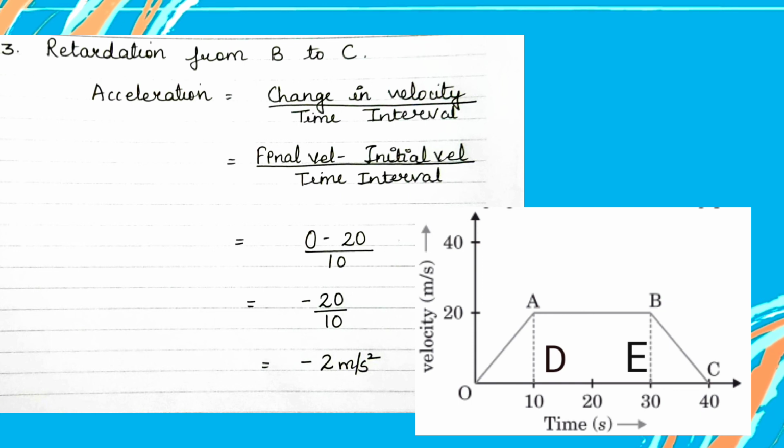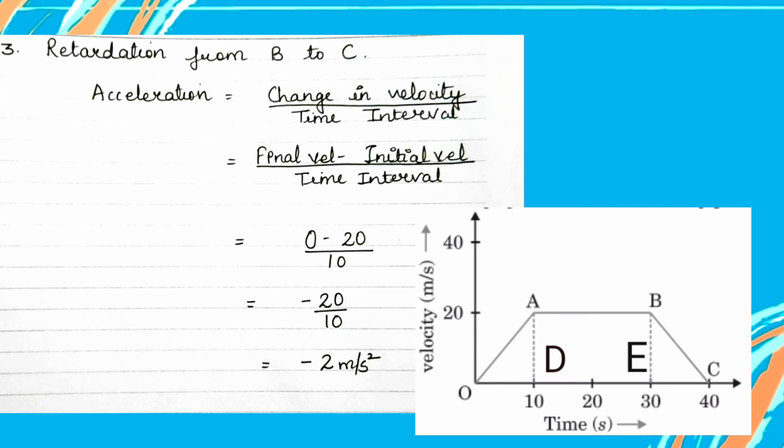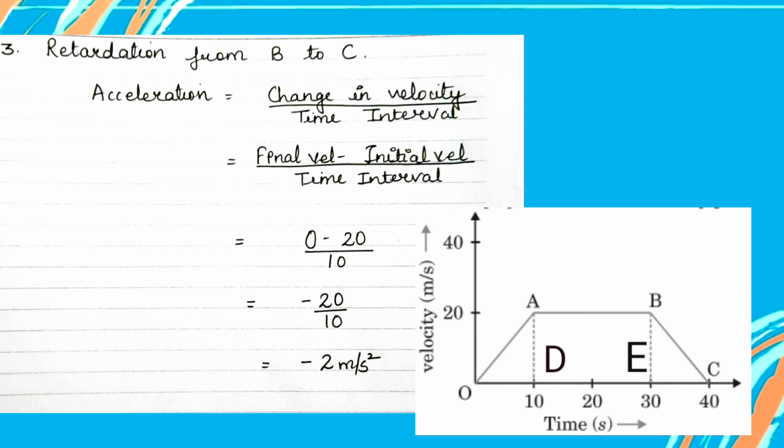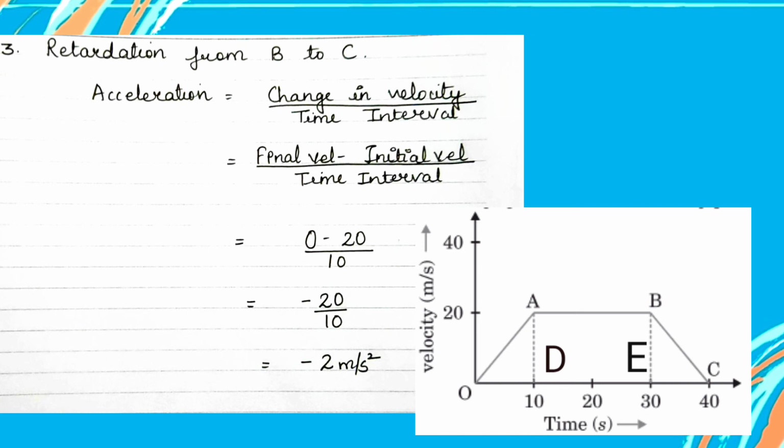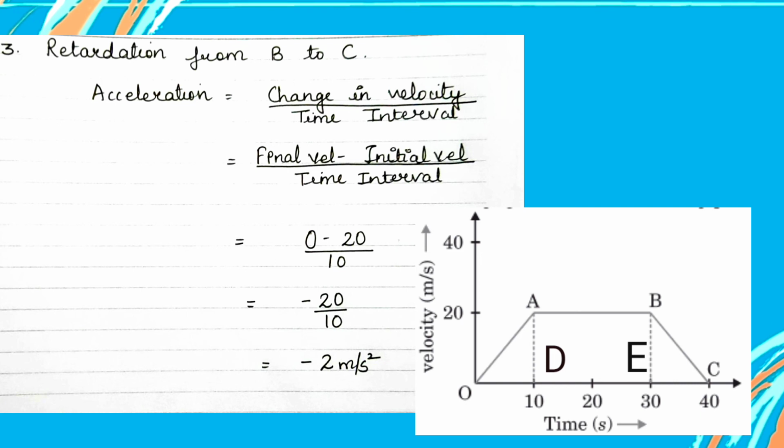How will we do it? We all know the formula for acceleration: change in velocity upon time interval, which is final velocity minus initial velocity upon time interval. Here the point B represents initial velocity, whereas point C represents the final velocity. What is the initial velocity? 20 meter per second.